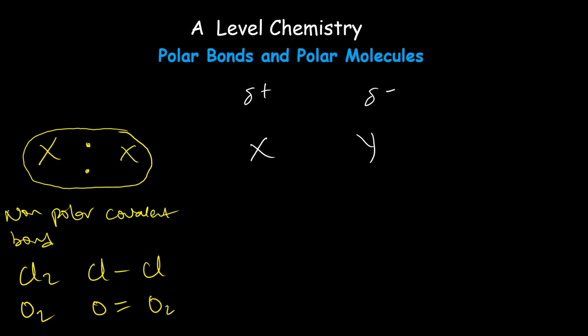This shows that the electron density is more towards Y. Now I'm going to draw this to represent the electron density, and it should show that there is more electron density towards Y than X. So in this case, we have a polar covalent bond.